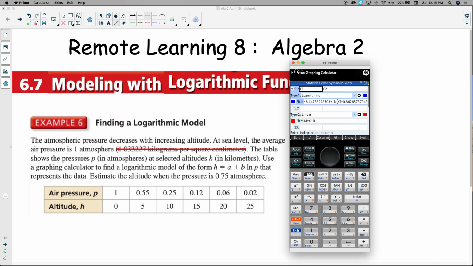It looks like a is 0.86, and our b is negative 6.45.